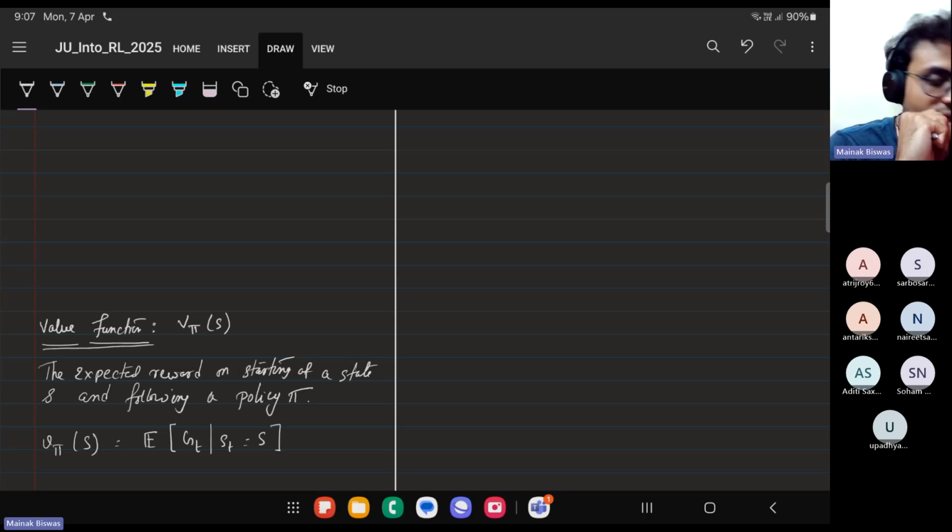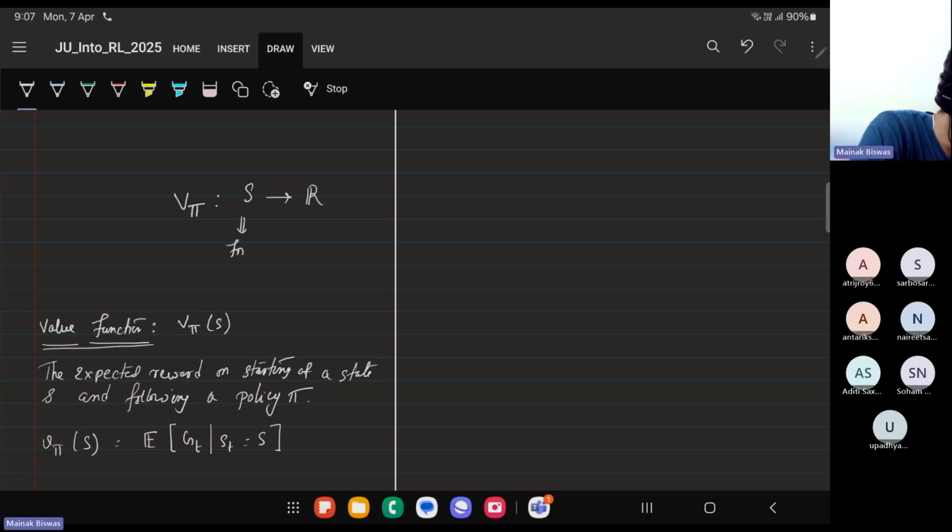What we'll try to do is define a function v, which is known as the value function, which will map from states to real numbers. So what will it give me? It will give me, for every state, the expected reward.